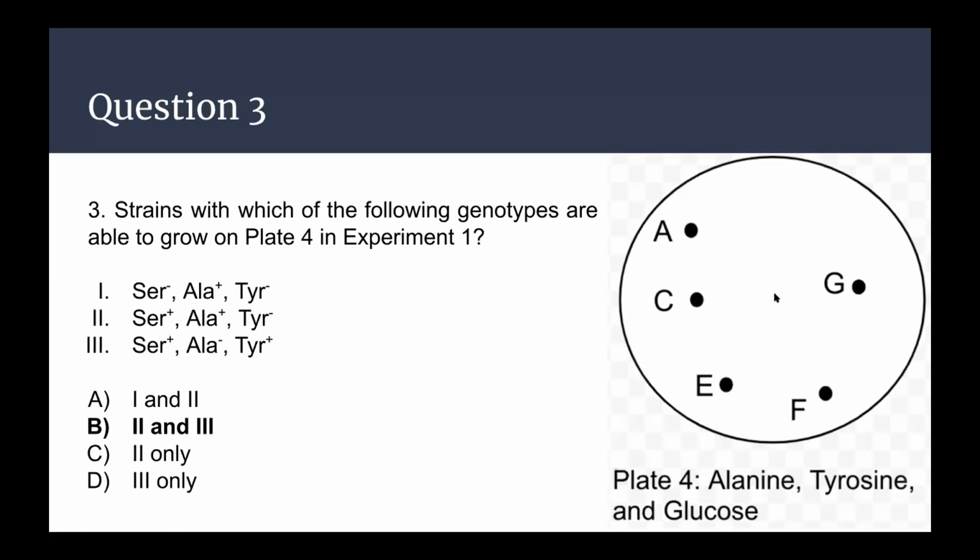So for example, let's say protein X. If protein X isn't given on the plate, then the bacteria is not able to make protein X, which is the reason why it's not able to grow. Does that make sense?